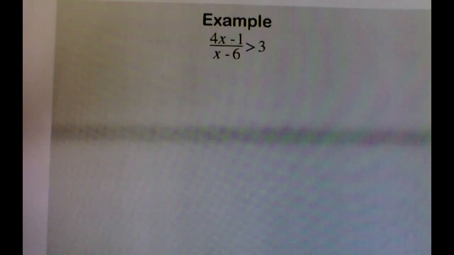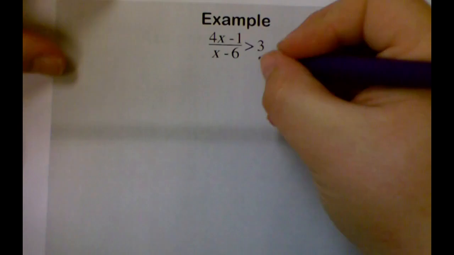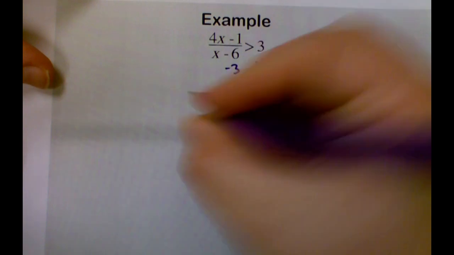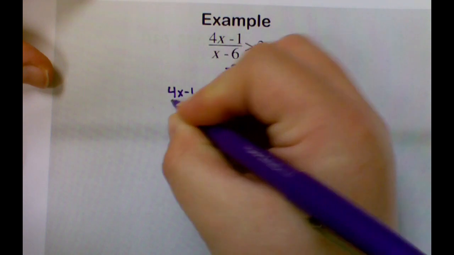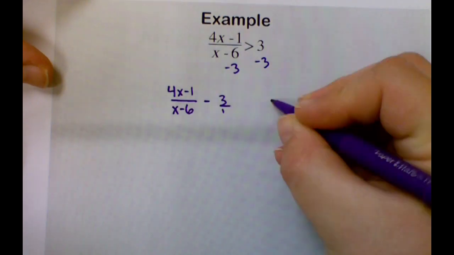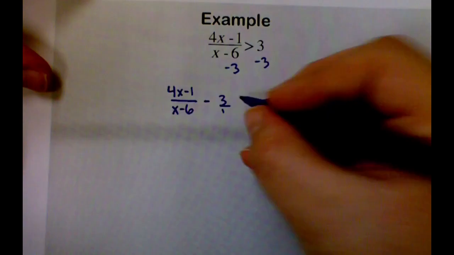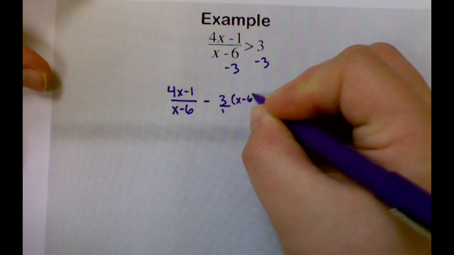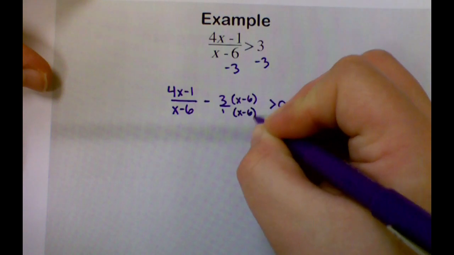And for some reason on these examples, I really liked 3. We're going to do the same thing. We're going to get the right-hand side to 0. So I'm going to subtract my 3 over. I have 4x minus 1 over x minus 6 minus 3 over 1 is greater than 0. Get that common denominator by multiplying by x minus 6.